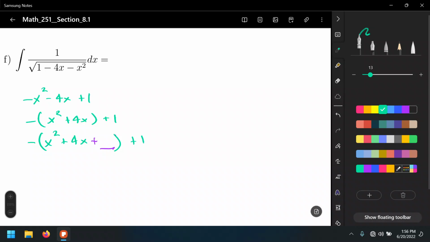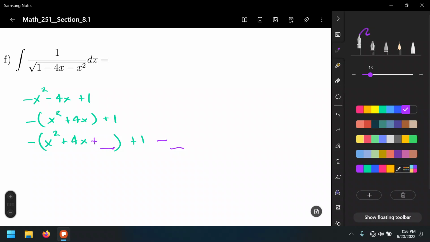plus 1. But if we add that term, be careful here, because whatever number I add is being multiplied by a negative. So what do we need in order to keep the integrity of the original expression then? Minus the number.